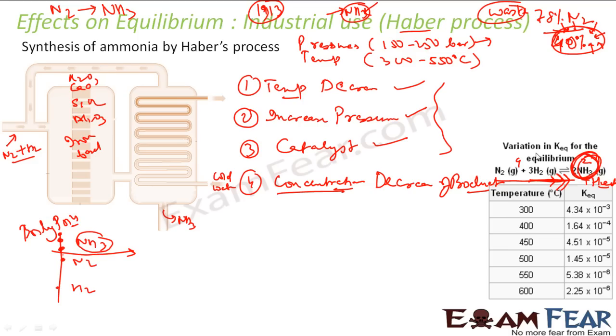Thus, you see, just because we had knowledge of all the effect of temperature, pressure, catalyst and concentration on the equilibrium, we were able to get more of ammonia, and that fed 40% of the world population, right? So knowledge of chemistry helped to grow more foods, grow more quality foods, and have a happy world.